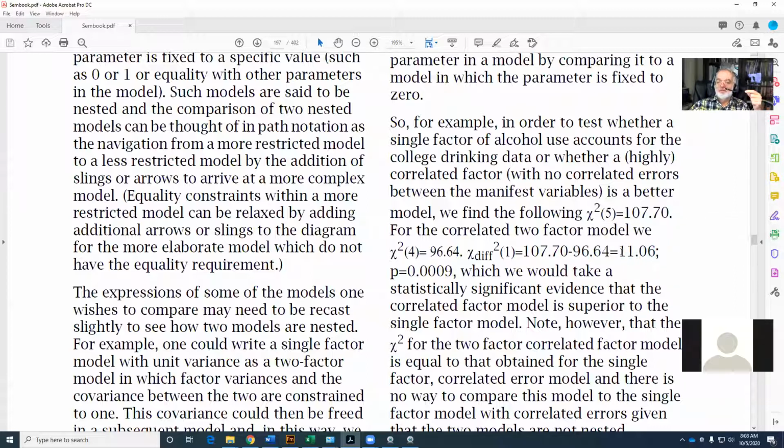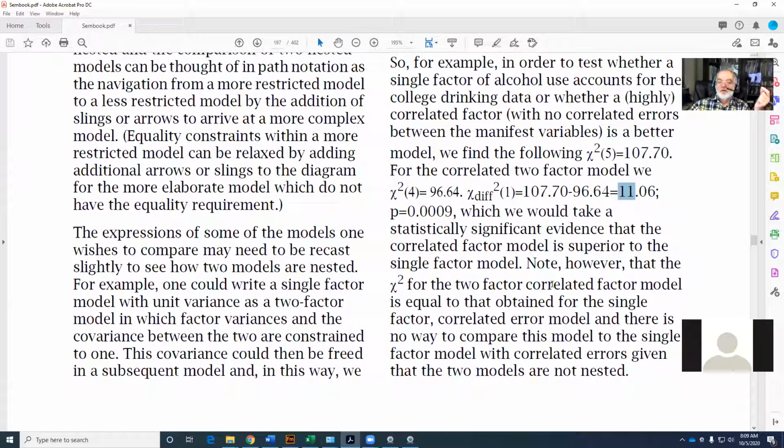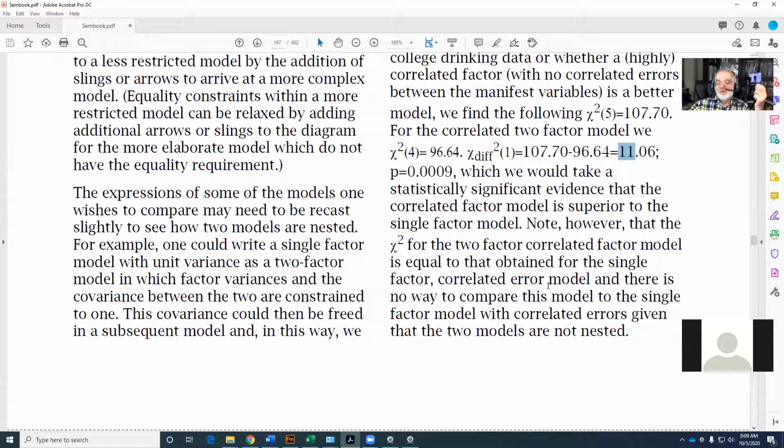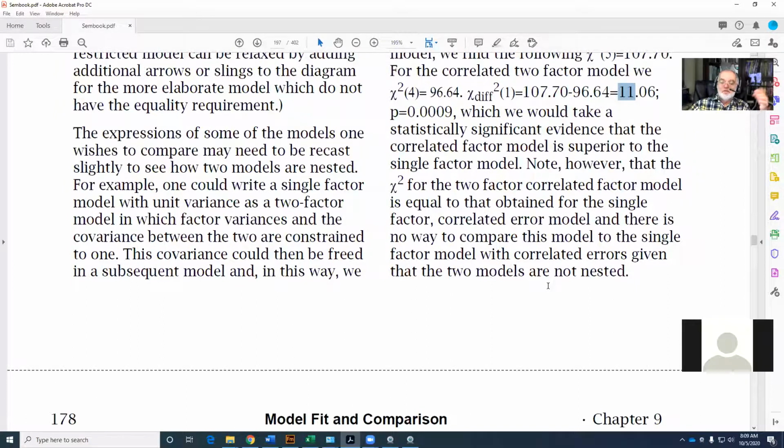And this is distributed with degrees of freedom equal to the difference in the degrees of freedom between these two models, 5 minus 4 is 1. And that's highly significant. So we would take that as evidence that a correlated factor model is better than a single factor model. And that's a way of doing this type of thing.